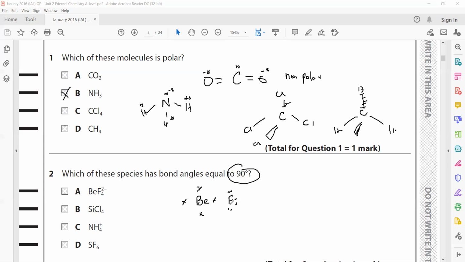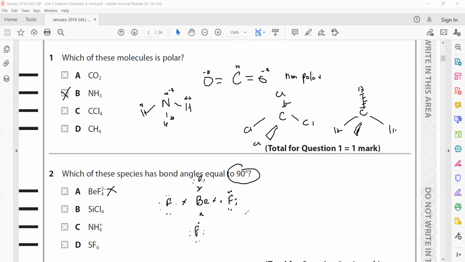That's why the overall charge is -2. There are 4 bond pairs and no lone pair. So when we have 4 bond pairs and no lone pair on the central atom, it will be tetrahedral, so it cannot be A.